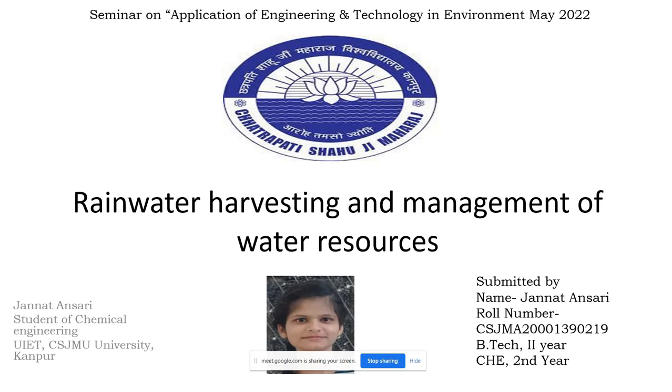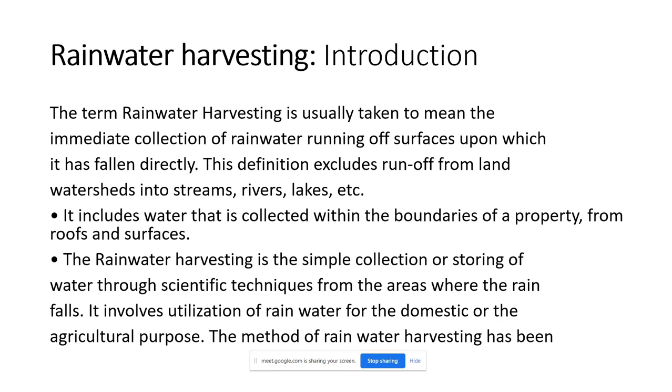It includes water collected within the boundaries of a property from roofs and surfaces. Harvesting is the storing of water through scientific techniques from the areas where the rain falls. It involves utilization of rainwater for domestic or agricultural purposes.